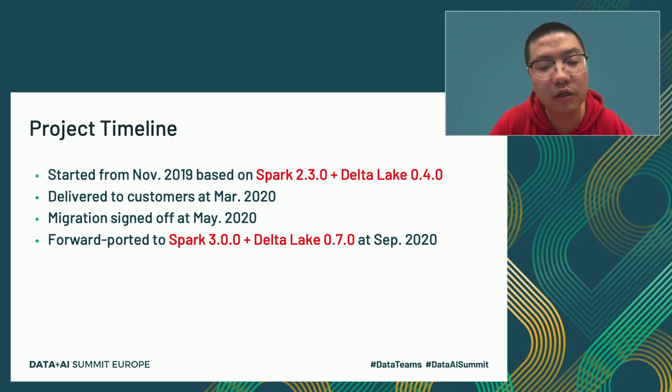It's a very old version. We delivered this project to our customers in March, and our customers migrated their scripts and their SQL to these features to perform the update and delete, and signed off in May. Also in this September, we forward ported our optimization work and our features to Spark 3 and Delta Lake 0.7.